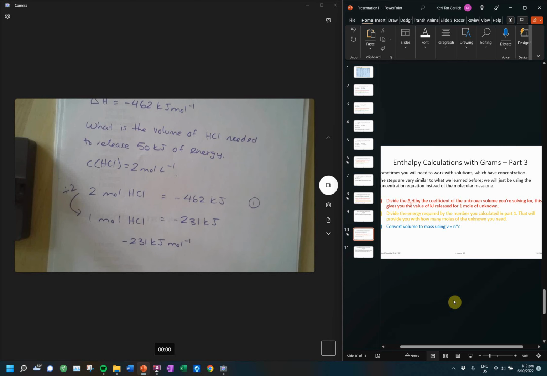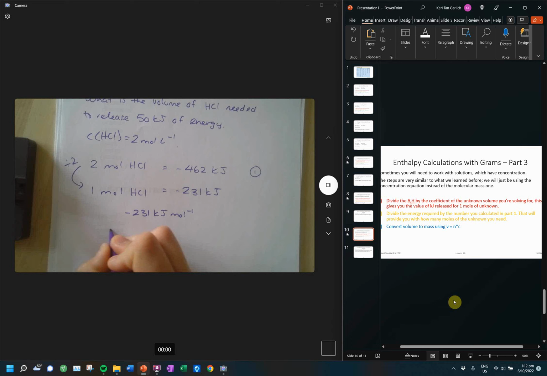The second step is exactly the same as the previous one. We know how much energy is released, so we know how many moles we're going to get. I would do negative 50, because that's the energy released, divided by negative 231. You don't need those negative signs.